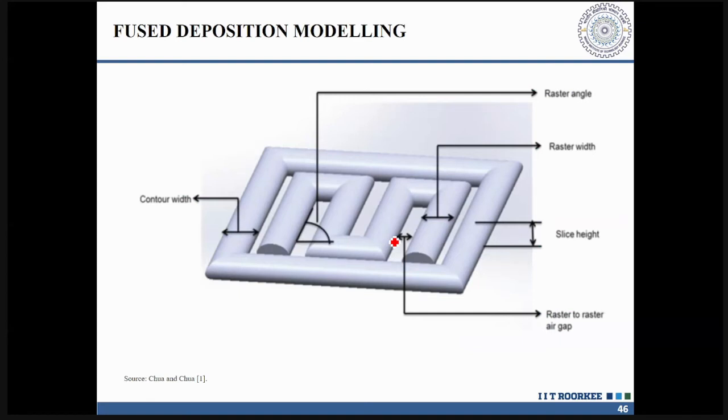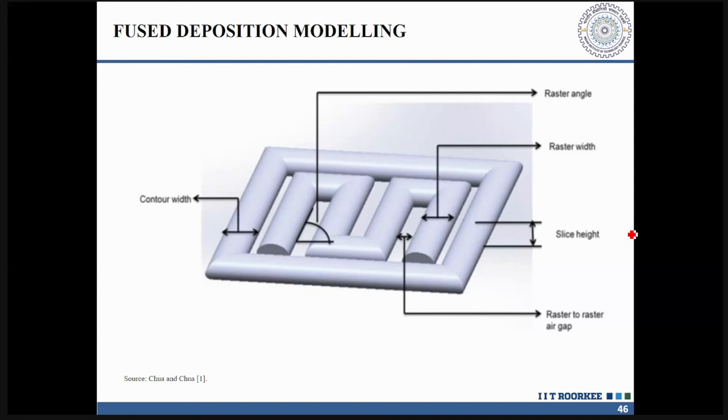In this infilling, numerous terminologies come into existence. The first one is the slice height, or we call it slice thickness. Now, if I'm stacking 5 mm layers one over the other, the surface roughness is poor. But if I stack 0.5 mm layers, surface roughness is going to be good.